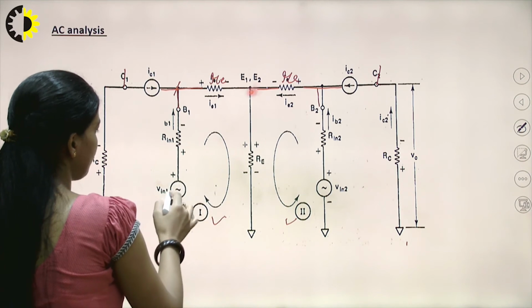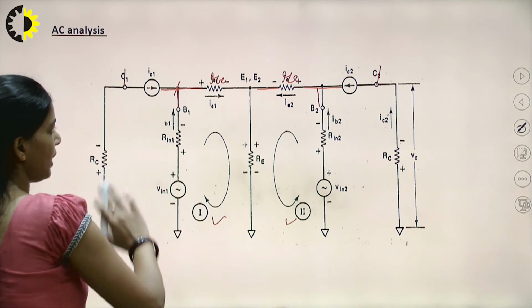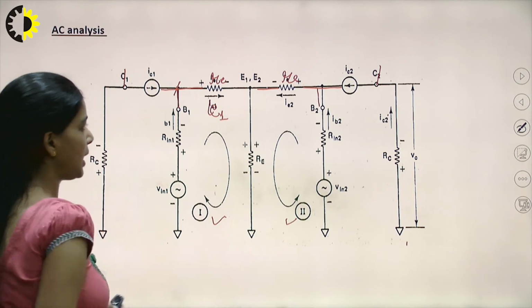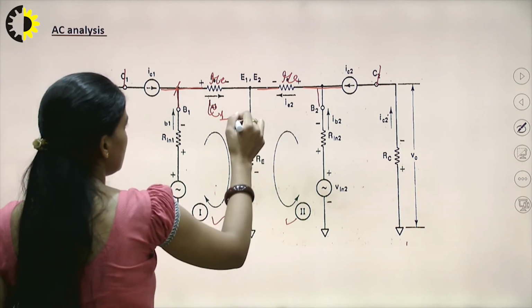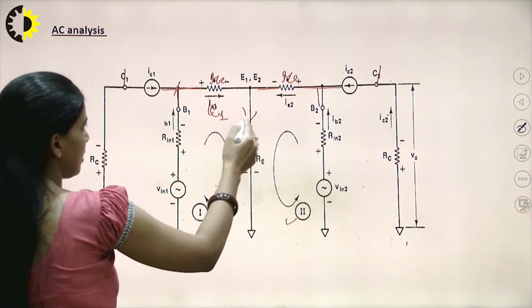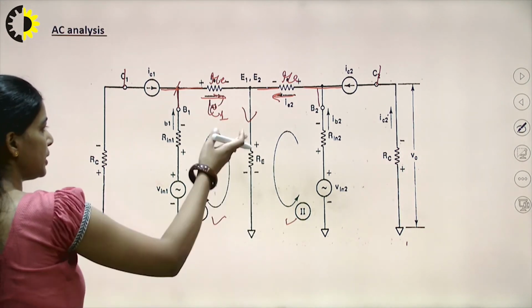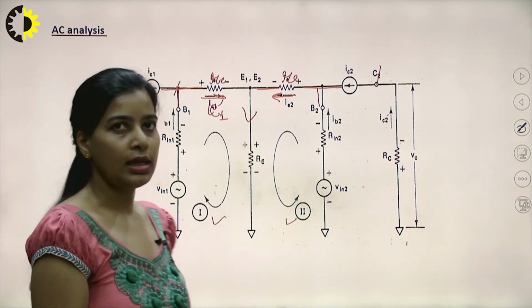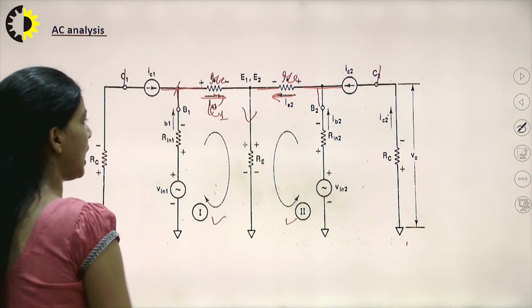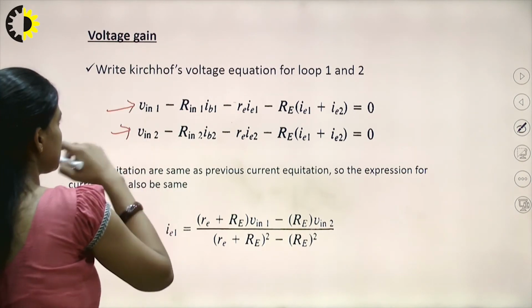Starting from Vin1, we can write Vin1 minus Rin1 multiplied by IB1, then RE multiplied by IE1, and now we will follow this path, that is IE1 coming from the left, IE2 coming from the right, and through this resistance RE we will have IE1 plus IE2 flowing. So these are the two KVL equations.